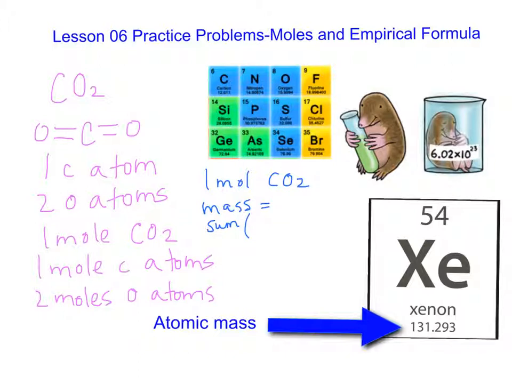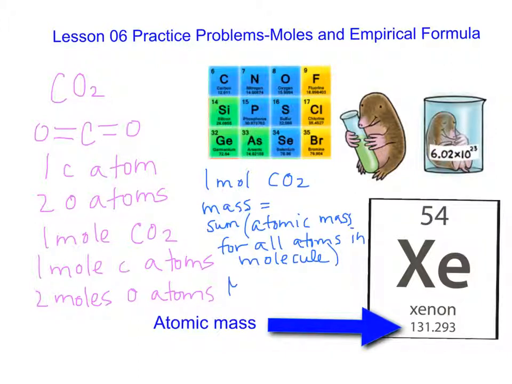So it would be the sum of our atomic mass for all of the atoms in our molecule. So the molecular weight, we sometimes abbreviate it MW, for CO2 would simply be 12 times 1, because we have 1 carbon atom.